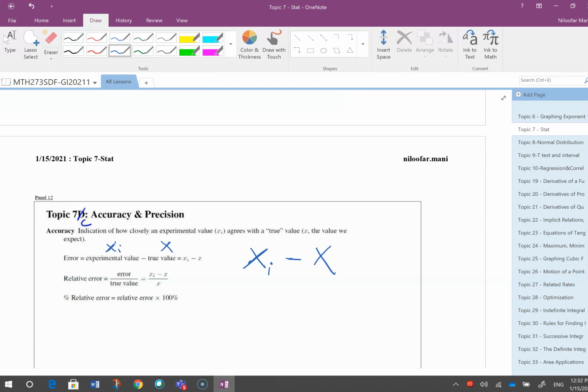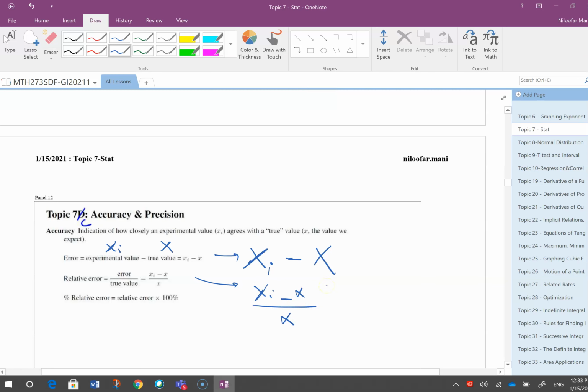Error doesn't tell me many things. I just find the difference between the data and the true value. But if I want to see what the error really is, I have to calculate the relative error: xi minus x divided by x.